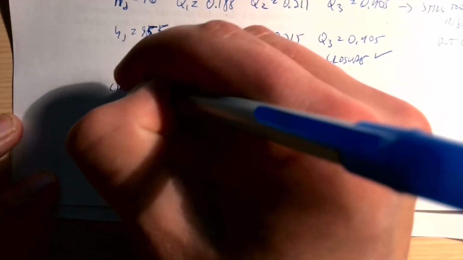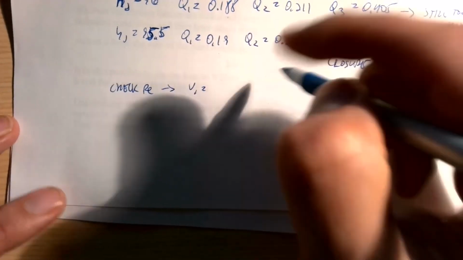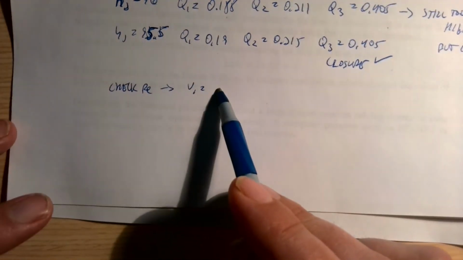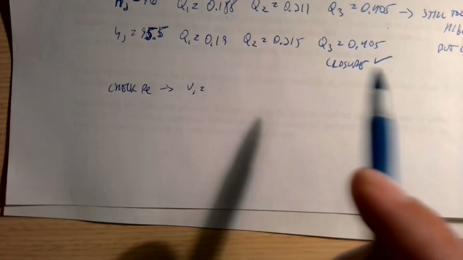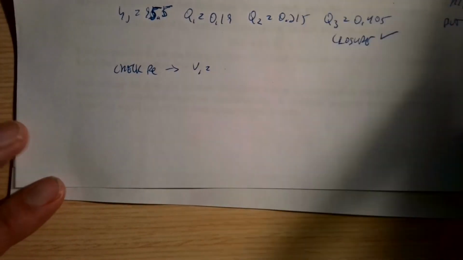At this point, then we would need to get the velocities to get the friction factors. So now check Reynolds. So we get V1 is Q over A1, which is Q over pi over 4 d squared. I'm not going to write all that out. Hopefully at this point you've gotten that figured out.